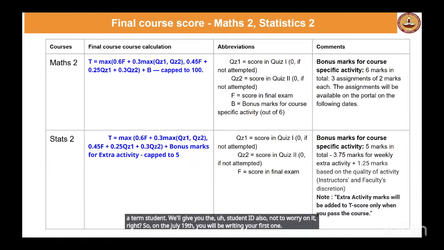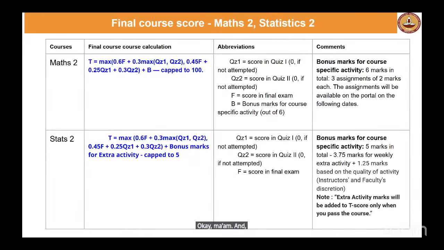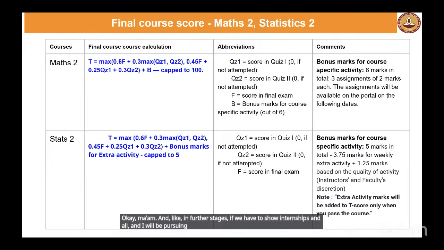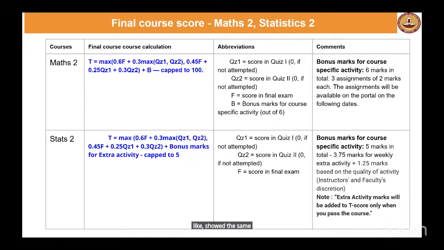Okay, ma'am. And in further stages, if we have to show internships and all, I will be pursuing it as a dual degree, and I will also have to be doing internships from the main offline college. So can we show the same internship for both the places? You cannot club both of them, okay? Because the domain is different, right?